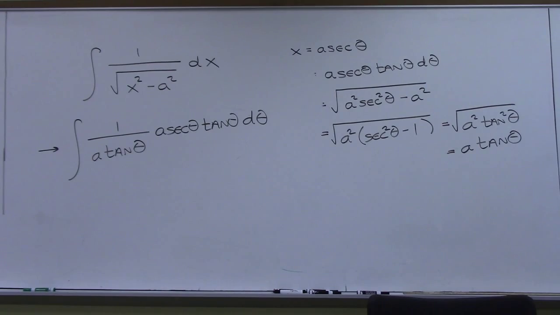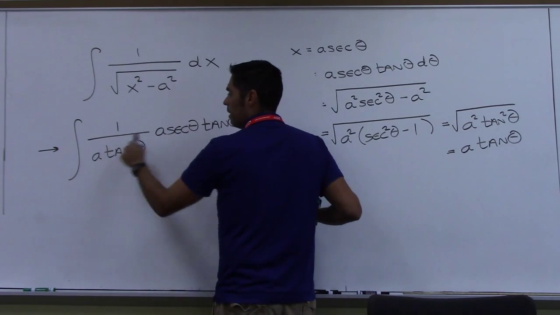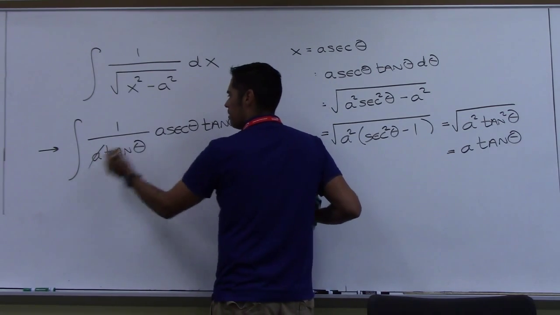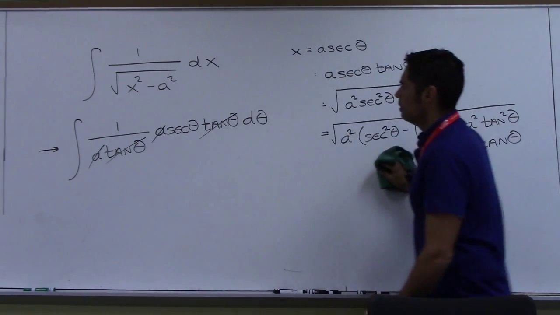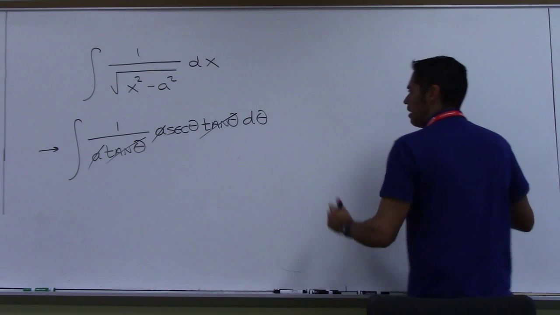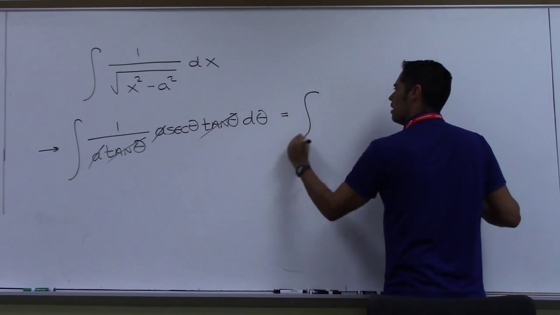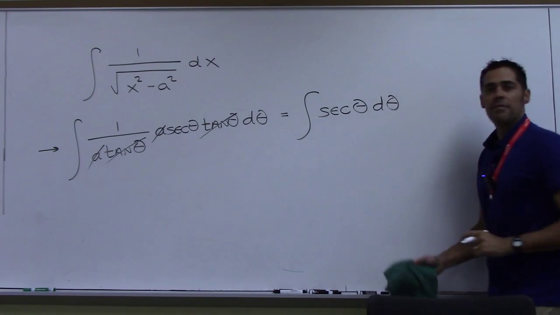It looks like you can pull a's out. A over a, they can cancel. Anything else? Cancel out tangent. Good. So which just leaves us with a secant theta d theta. So integral of secant theta d theta is all that's left.